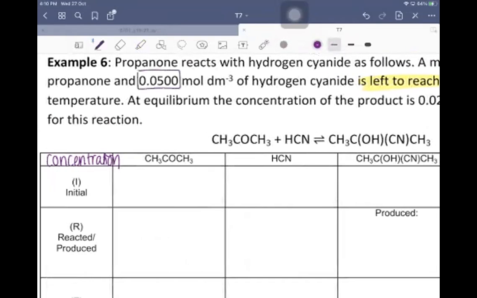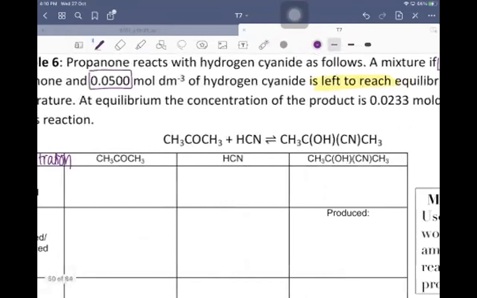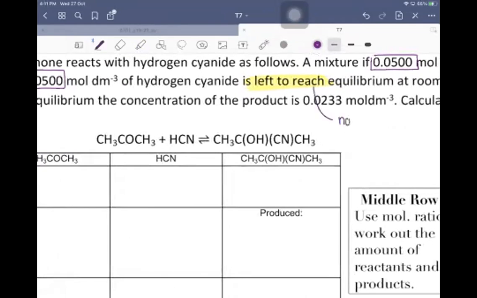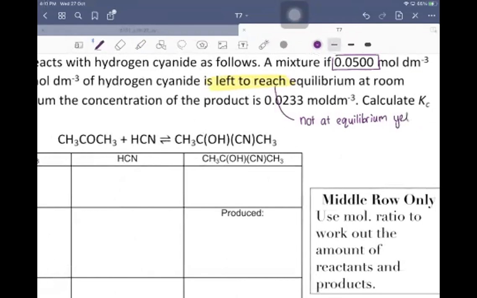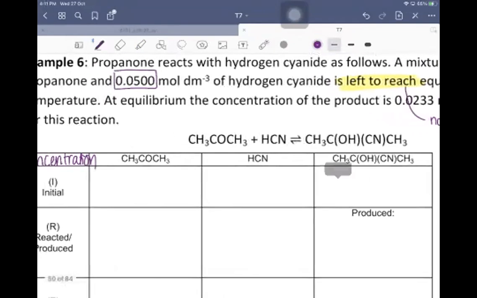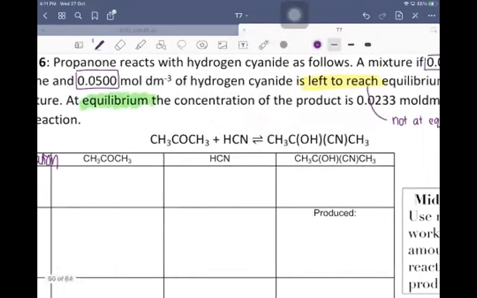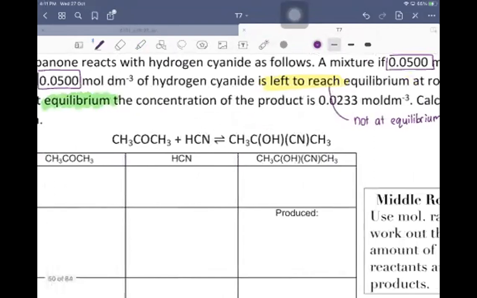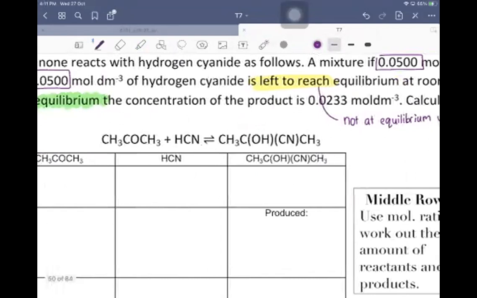It's very subtle there, but if you read the question again, they are left to reach equilibrium. That means they are not at equilibrium yet. At equilibrium, that is definitely an equilibrium. At equilibrium, the concentration of the product is 0.0233.